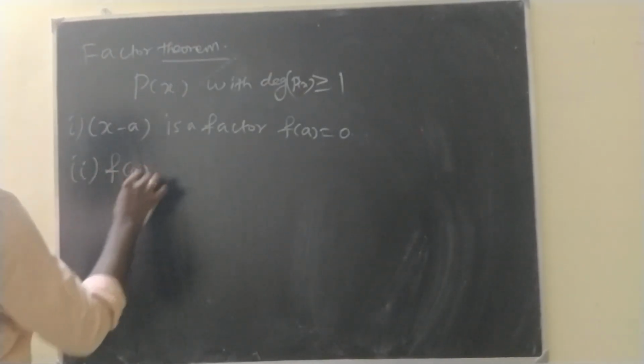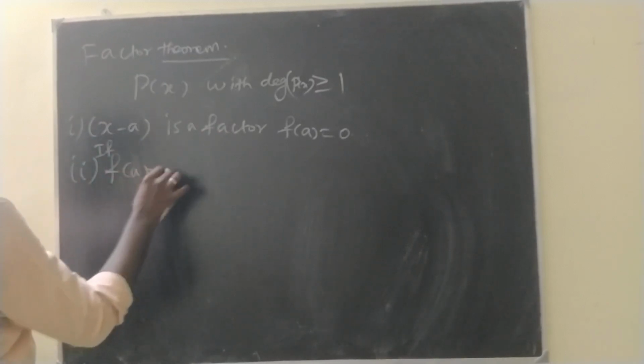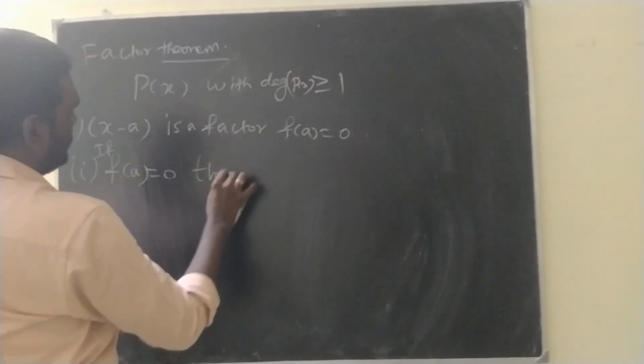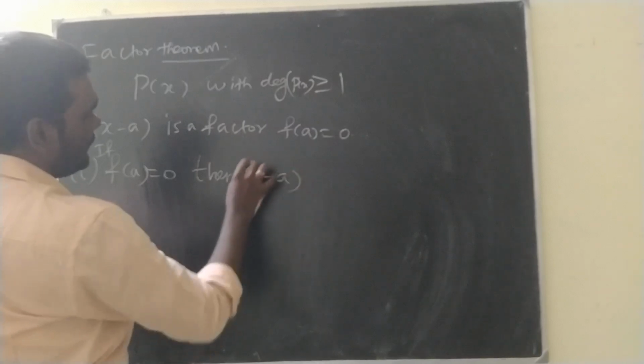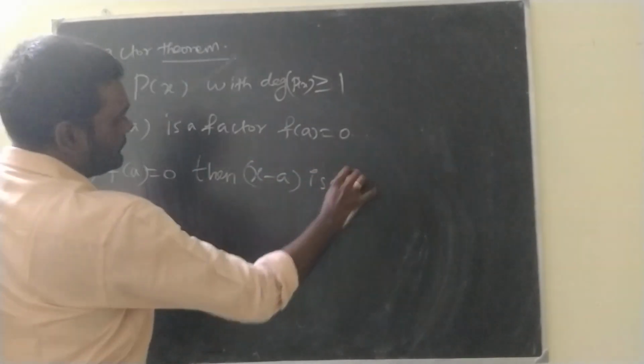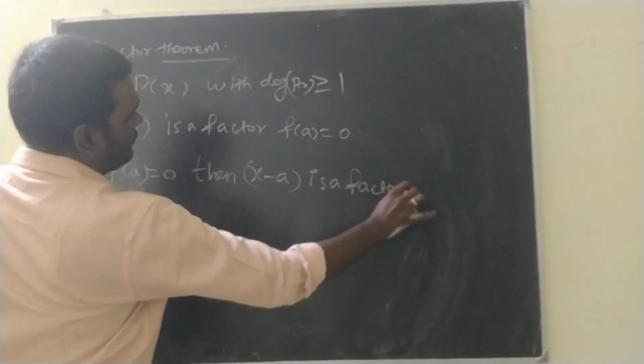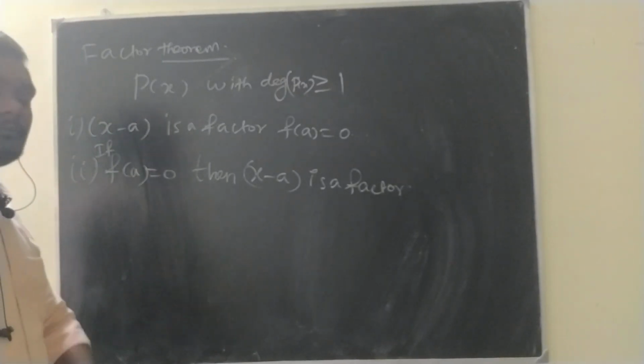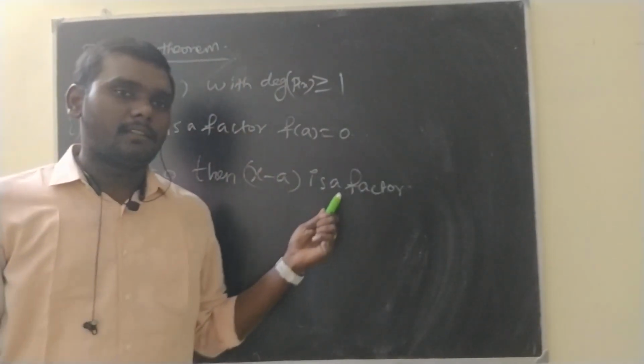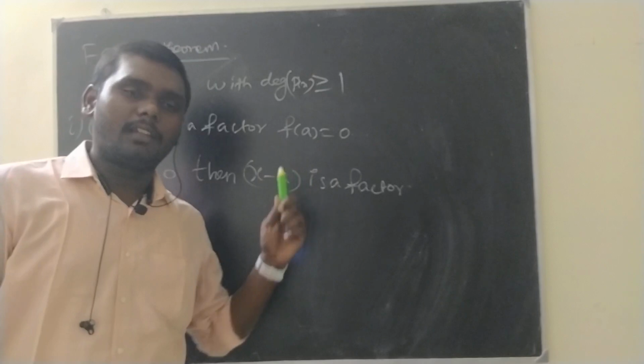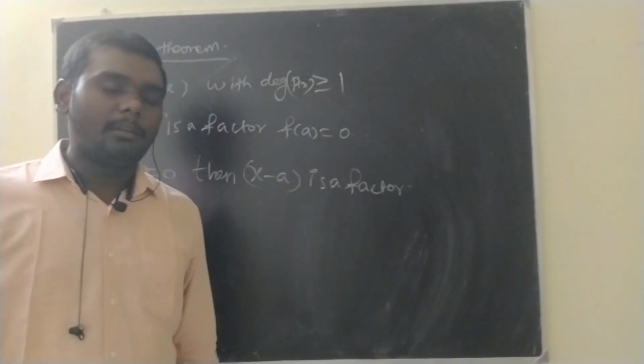Suppose if f of a is equal to 0, then x minus a is a factor. Understood or not? This comes from the previous theorem called the remainder theorem. What is the remainder theorem?